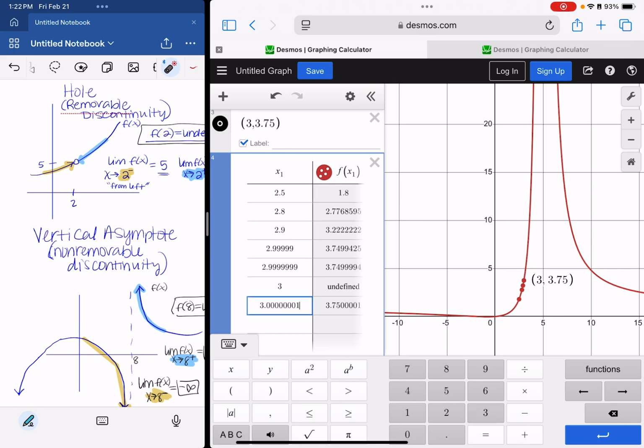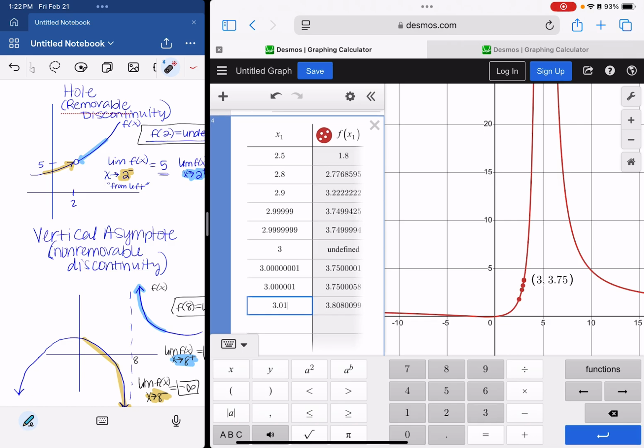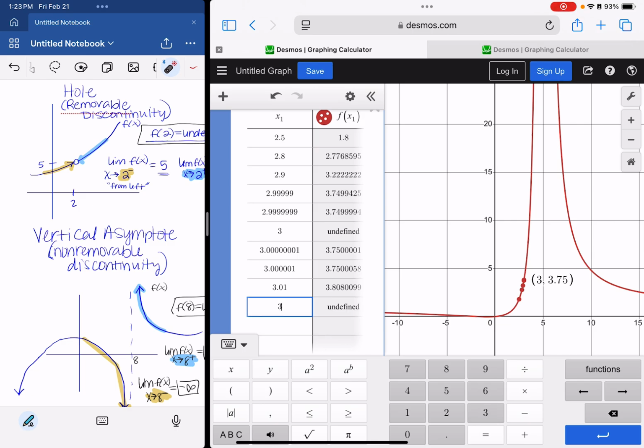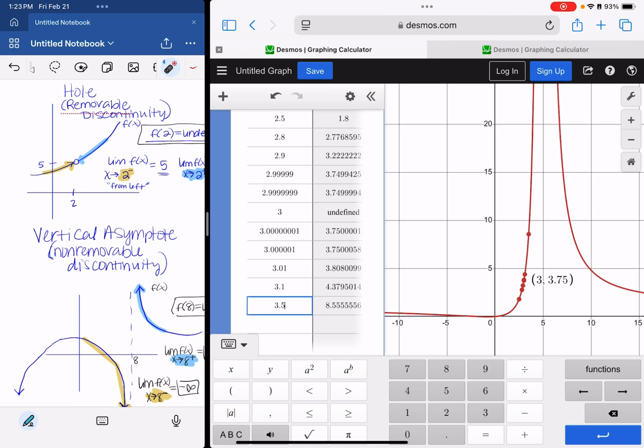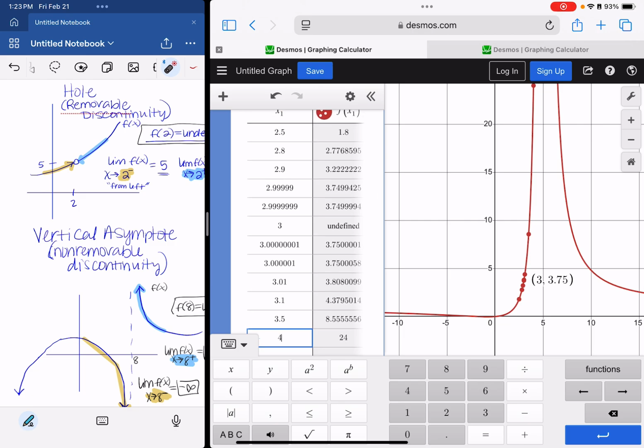Super small, and notice that I'm starting to see another little bit of a pattern as I move away from that value. So if I analyze the table, hopefully you can see at x being 2.5, it starts at 1.8. As you get closer and closer to 3, notice that the value right before where it's undefined says 3.74999.